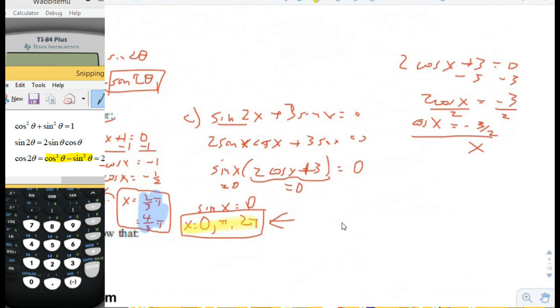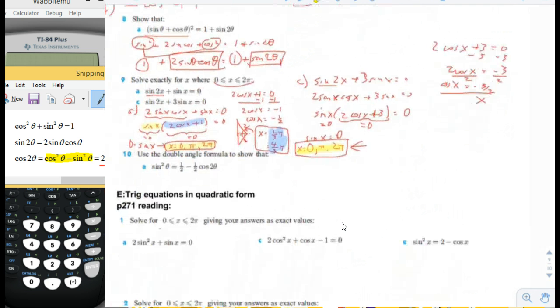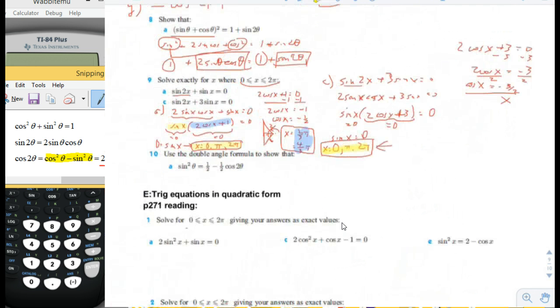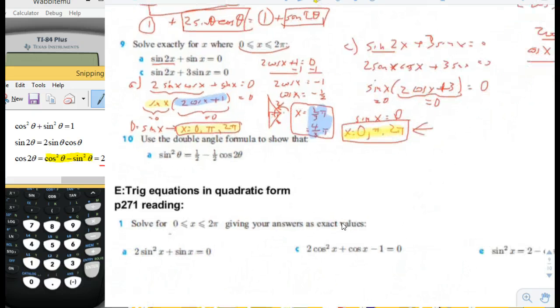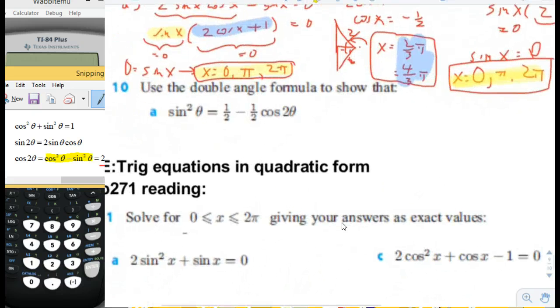Okay? All right, use the double angle formula to show that sine squared theta equals 1/2 times 1 minus cosine of 2 theta.